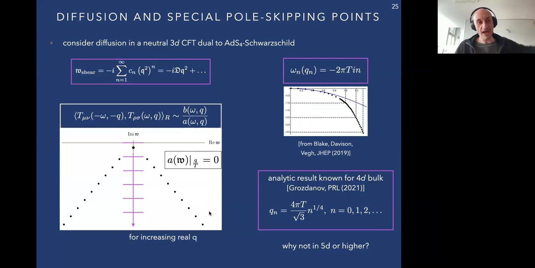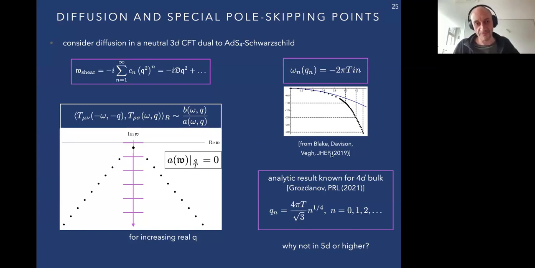So what do I want to tell you about this? It so happens that if you look at diffusion in purely thermal theories with no other scales, then this diffusion, like I showed you before, if you just increase q, will happily just go down the imaginary axis. As it goes down the imaginary axis, it's only well described here by this series, but after that, it's some unique analytic continuation of this series. So this mode will go through the infinite sequence of pole skipping points.